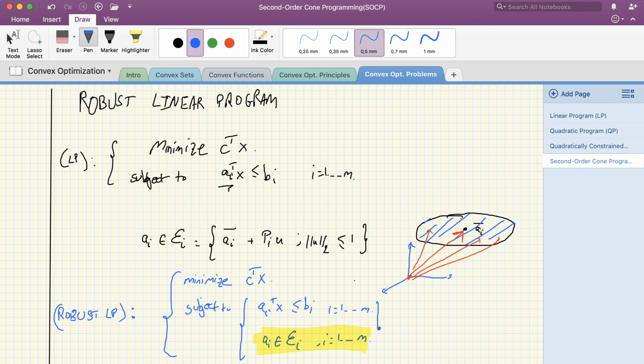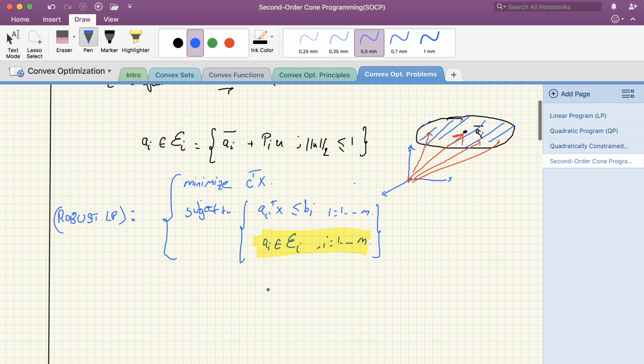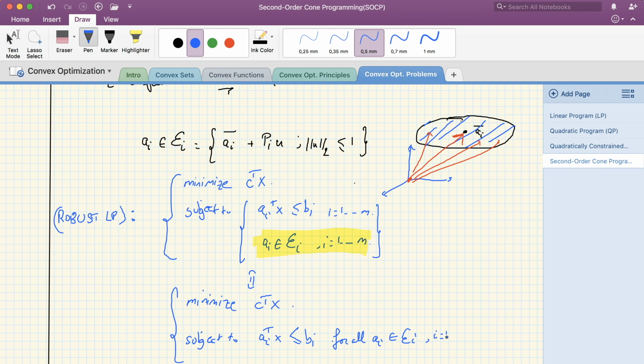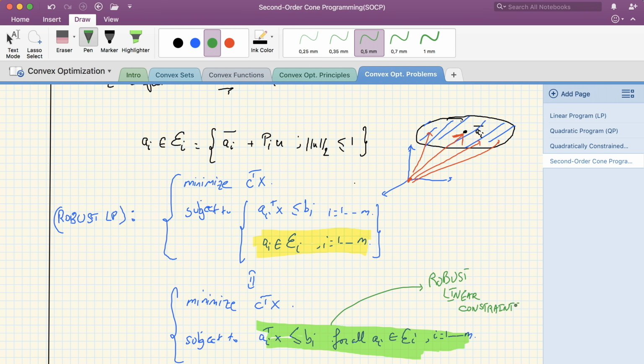We can express those two in one compact statement, which is for all aᵢ in Eᵢ, right? For i's spanning 1 to n. Now, those constraints are usually referred to as robust linear constraints. And why is that? Well, if we omit Eᵢs, then we're back to linear constraints or inequalities. But when you come and force aᵢs to fall in Eᵢs, then it's a robust linear constraint.